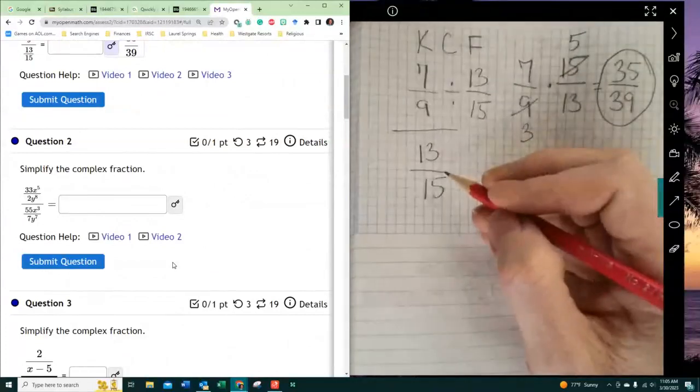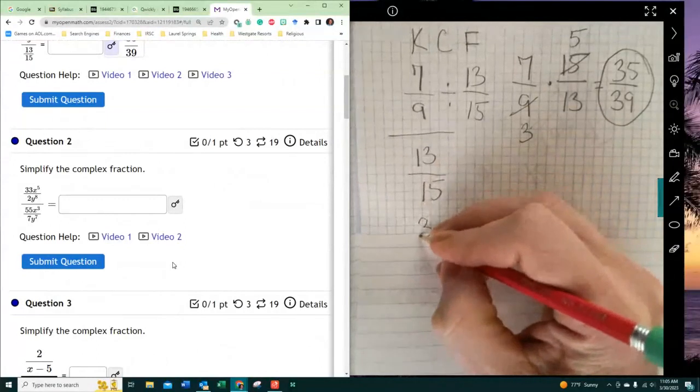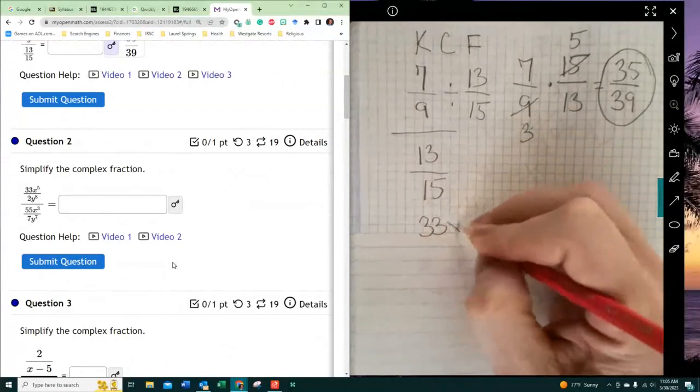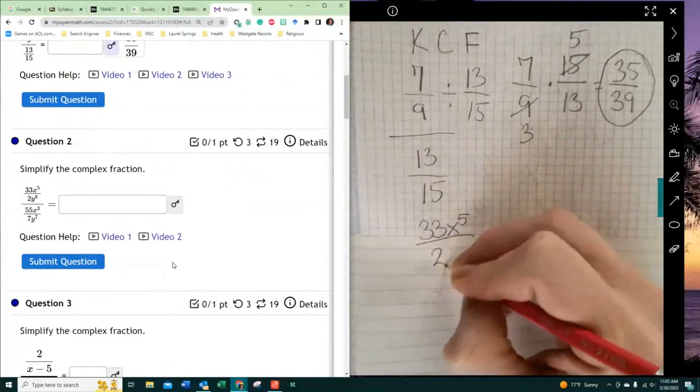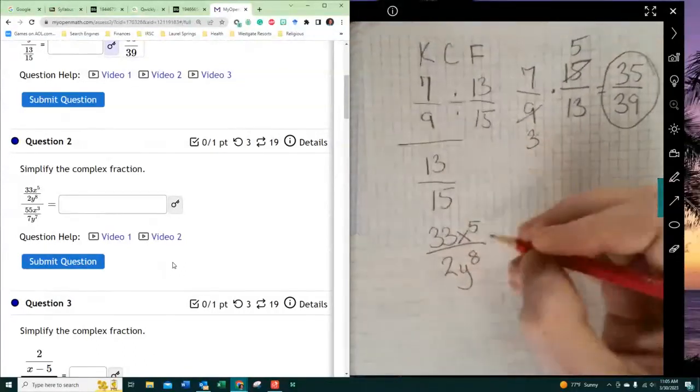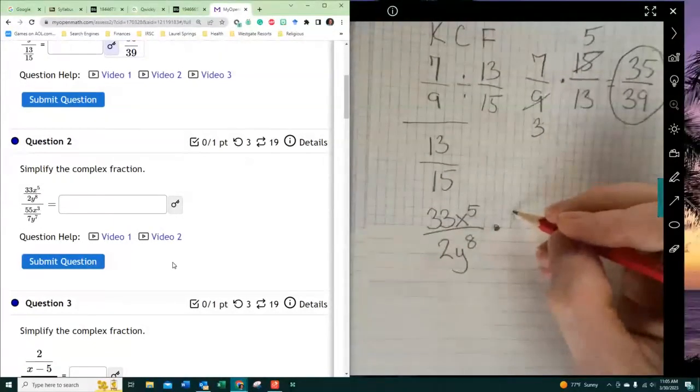I do want to reinforce that this way is not a bad way: we just copy the first fraction, change from multiplication to division, and reciprocate the bottom fraction.